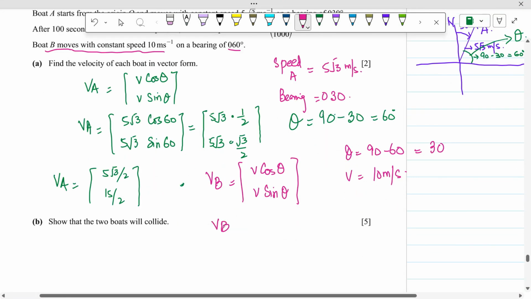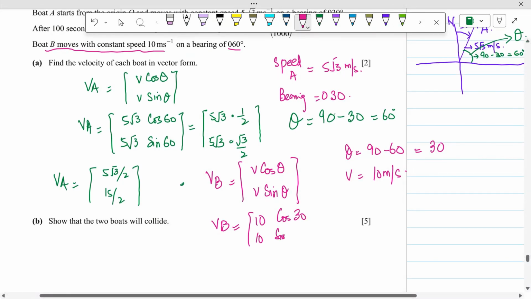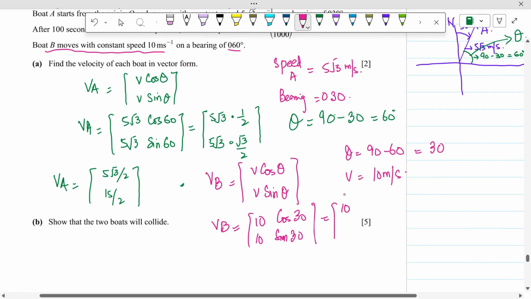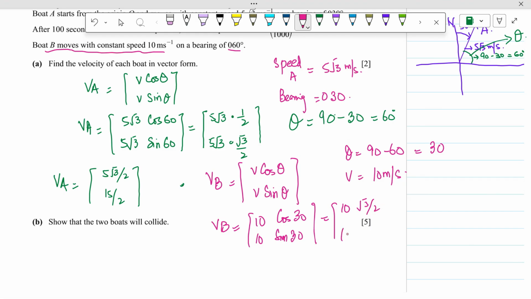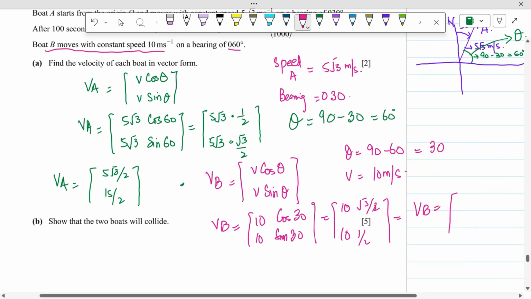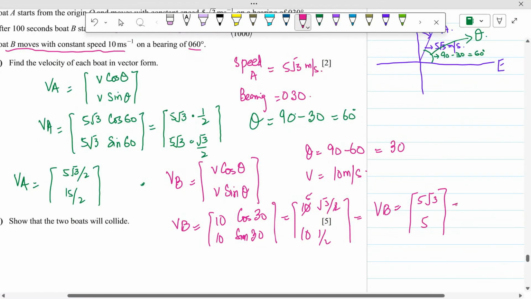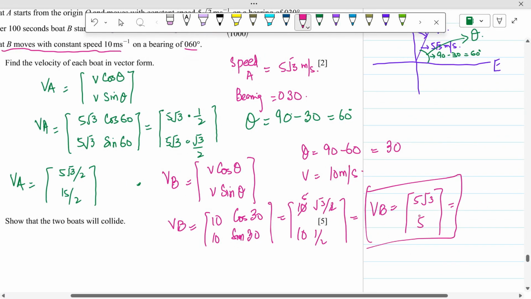So this is (10 cos 30, 10 sin 30). 10 times cos 30 is 5√3, and 10 times sin 30 is 5. So the velocity of boat B is (5√3, 5).